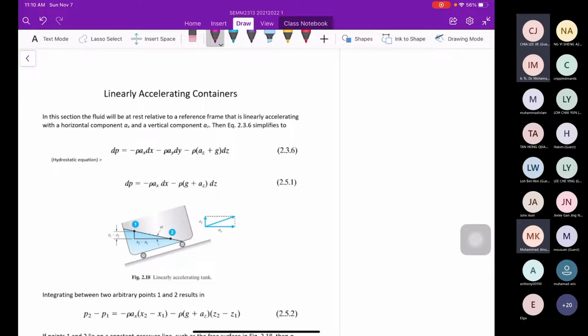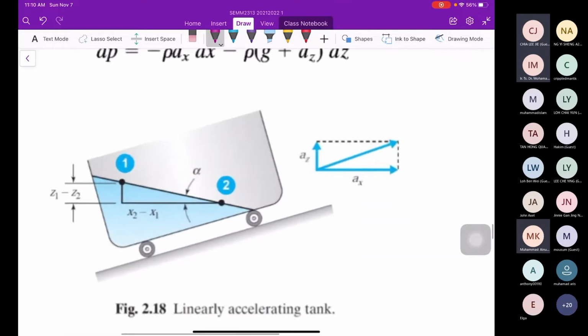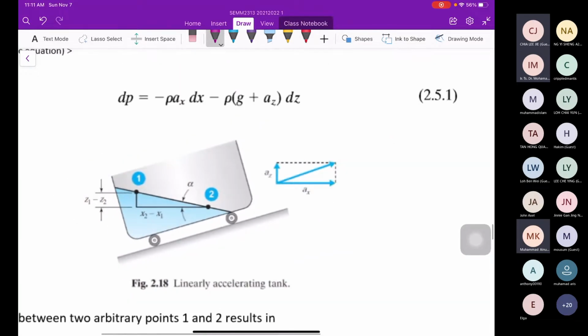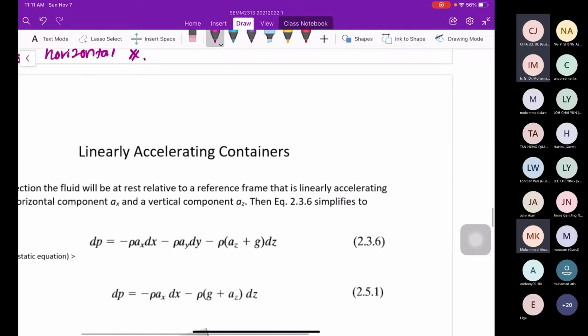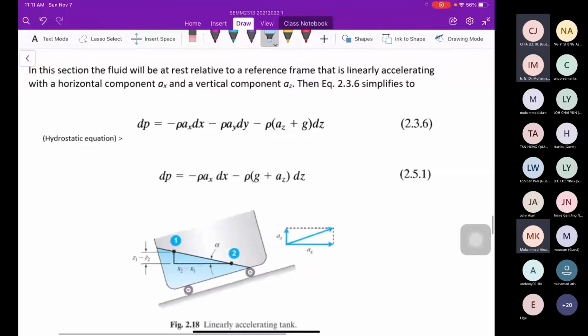Then equation 2.36 simplifies to this. Let me tell you, this whole case is considered static. It is not moving. While in this mention, it is a linearly accelerating container. We can see it is accelerating, but when we solve, it is static, it is not moving.